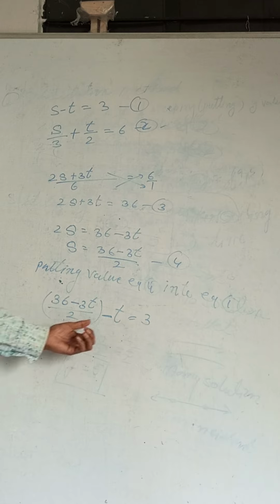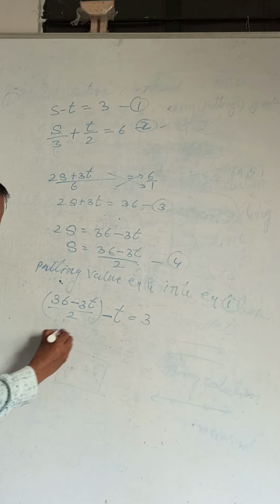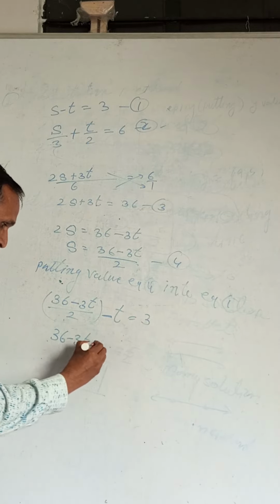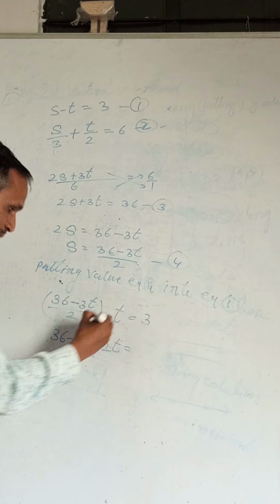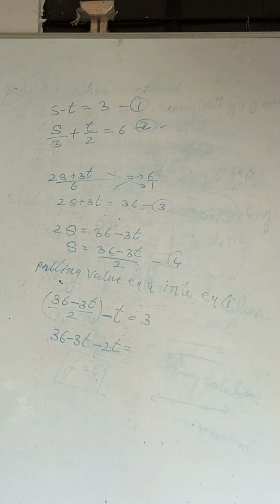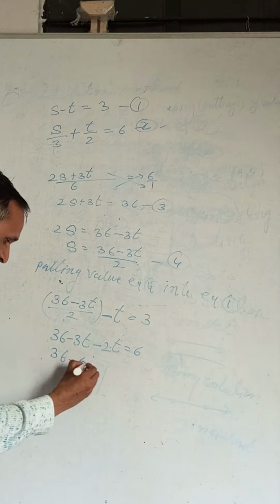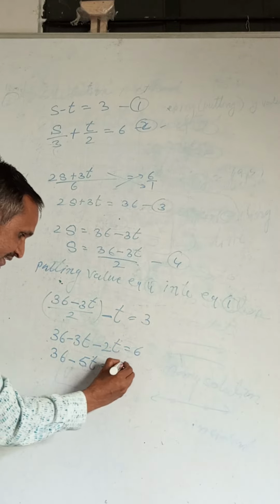Again we take the LCM, because this is not in a proper fraction form. So 36 minus 3t minus 2t is equal to, by multiplying by 2 on all sides, 6. Then 36 minus 3t minus 2t gives minus 5t is equal to 6.